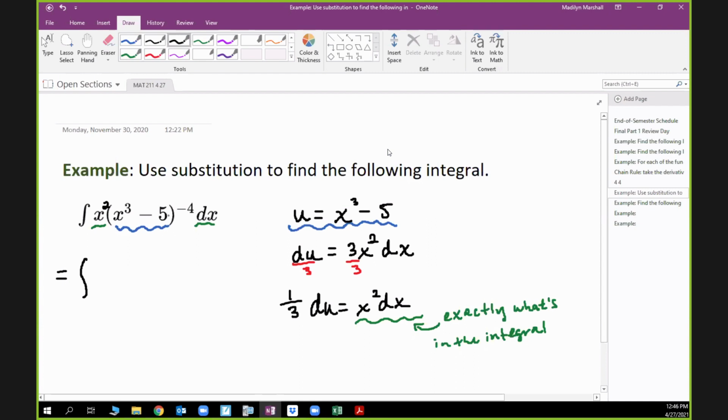So that x cubed minus 5 to the -4th is now u to the -4th, since that whole inside got replaced with u. And the whole x squared dx is getting replaced with 1/3 du. So u replaced that interior part and 1/3 du replaced everything else.